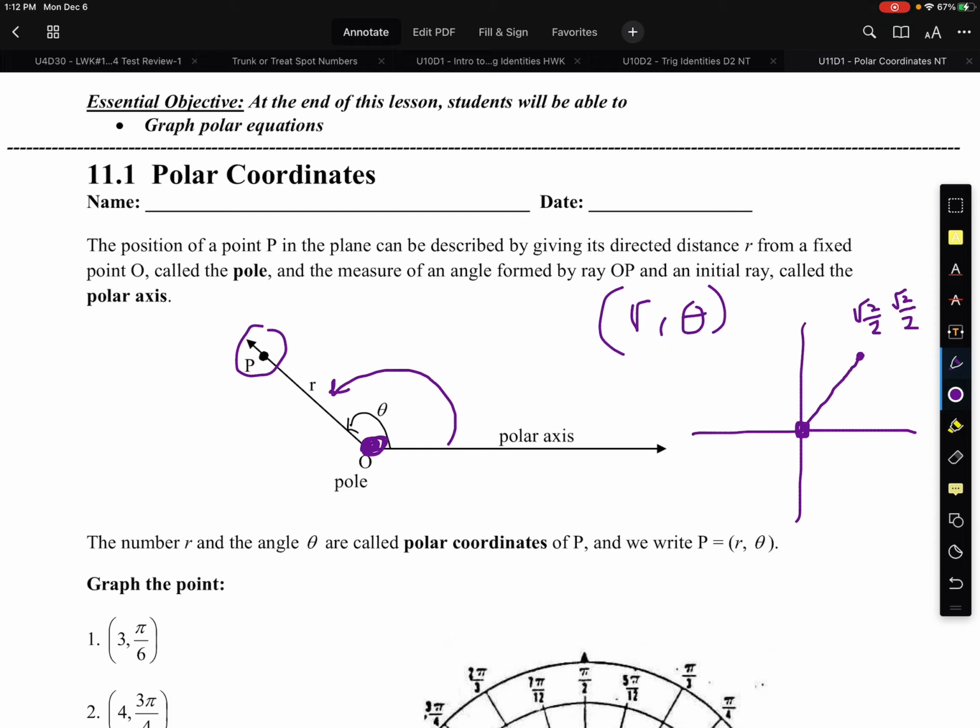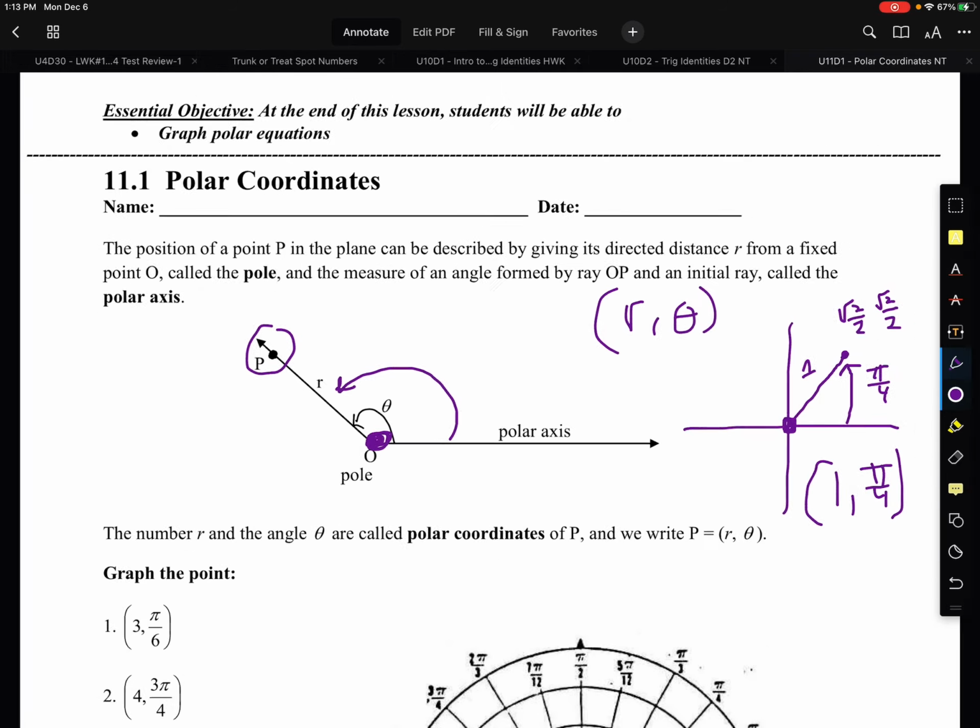Since this is a unit circle, we all know that the unit circle is 1. If we start on our polar axis and rotate up, how many degrees do we rotate? Pi over 4. So in an xy coordinate, rad 2 over 2, comma, rad 2 over 2 works. But in a polar coordinate, this is the point 1, comma, pi over 4. The point is 1 unit away from the origin, and we rotated pi over 4 radians to get there.